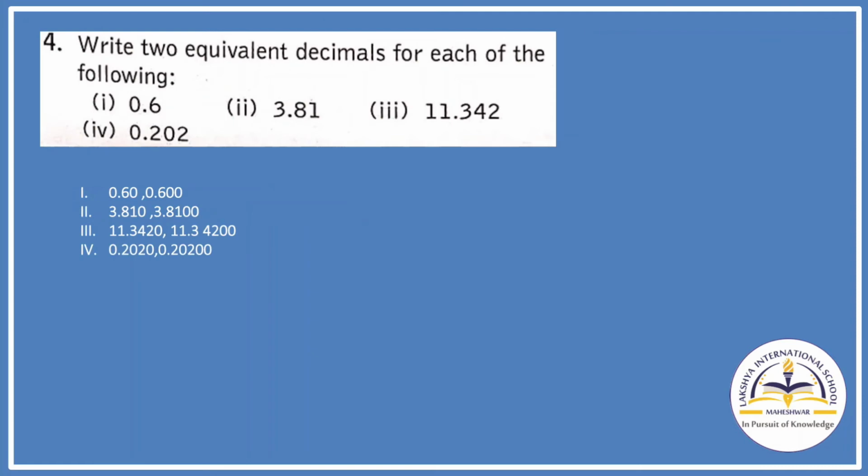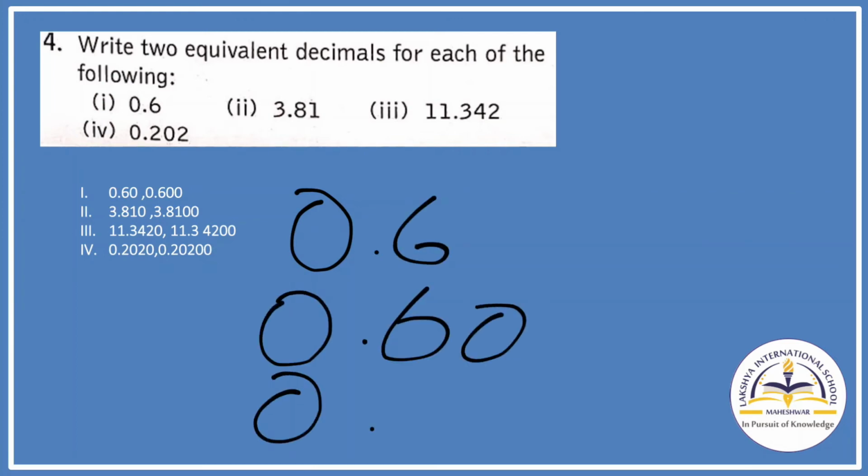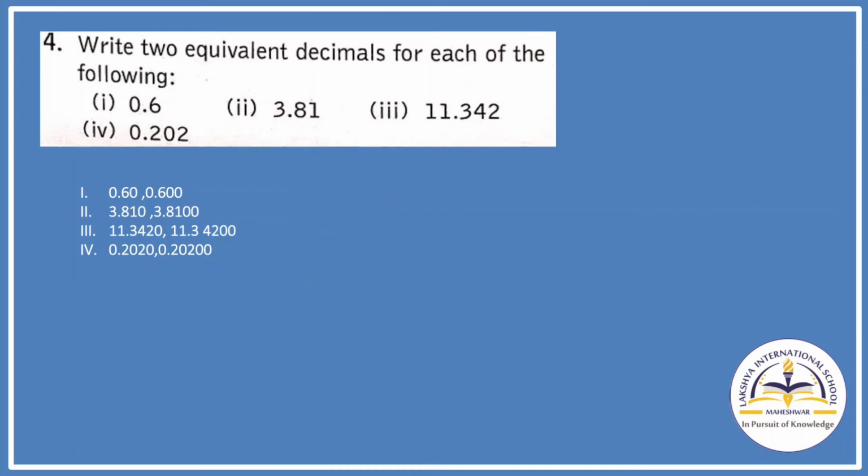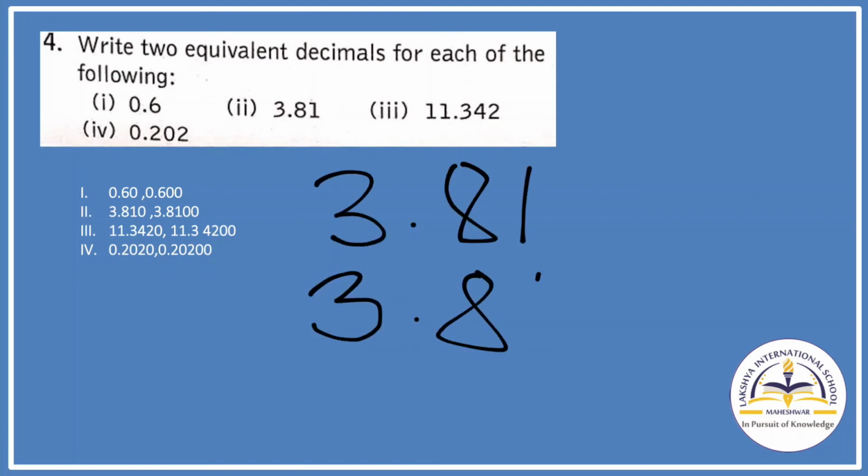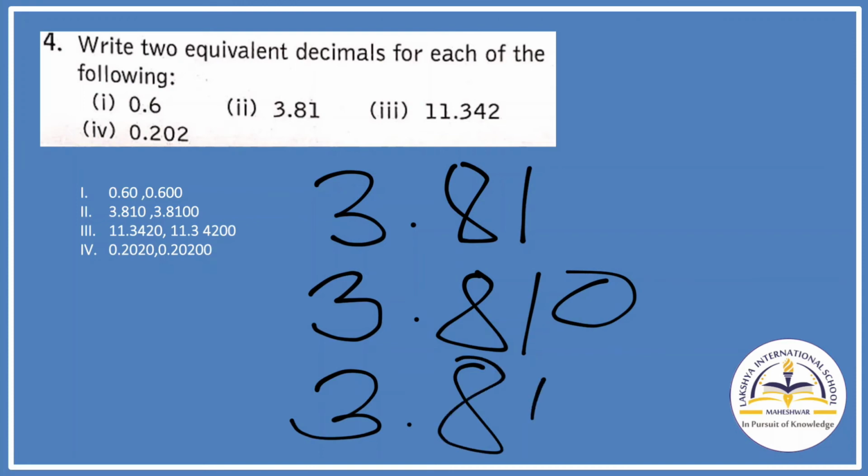Now question number 4, write two equivalent decimals for each of the following. Now you have to write equivalent decimals for each of the following. So first is 0.6. 0.6 is given, so you can write 0.60 or you can write 0.600. These will be the equivalent decimals. Now 3.81 is given, so you can write 3.810 or 3.8100.